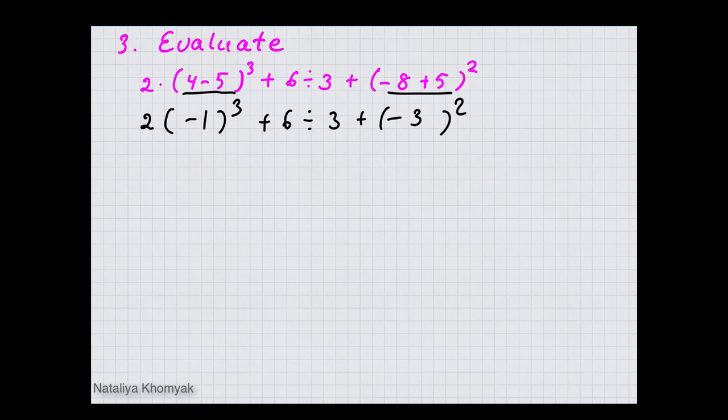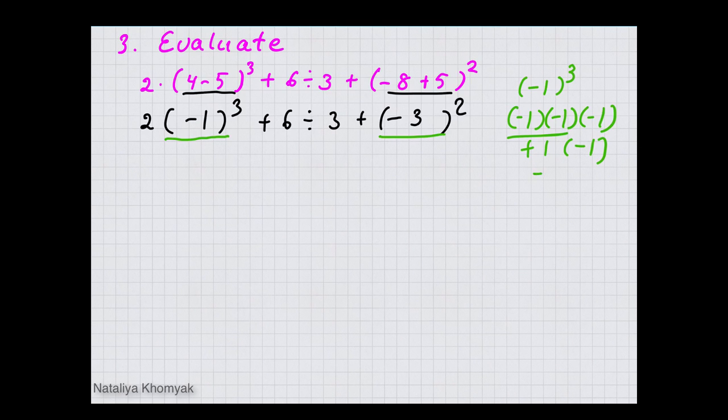On the next step, we want to evaluate exponents. So I'm going to take negative 1, raise it to the third power, and negative 3, raise it to the second power. So negative 1 to the third is negative 1 times negative 1 times negative 1. Negative 1 times negative 1, positive 1 times negative 1.